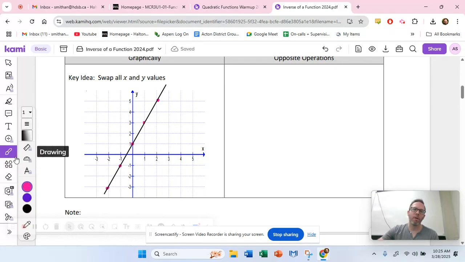I have the luxury of my straight line tool, so I will use that. All right, so we're back in grade 9. We've got a linear function, made a table of values, made a graph.